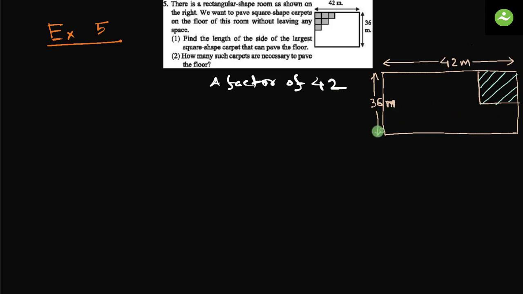Again, it has to be a factor of 36, otherwise there will be a part of the floor left uncovered. So what we call a number that is a factor of 42 and a factor of 36, we call that a common factor.